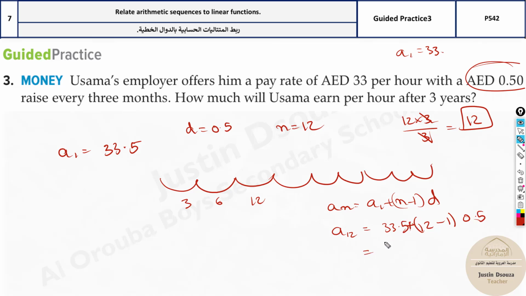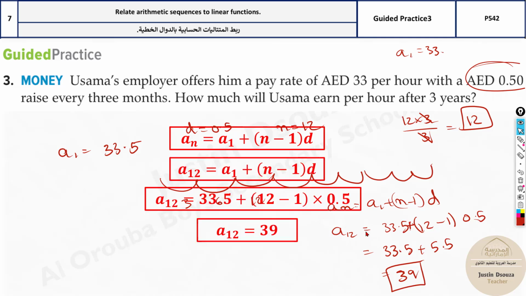Please memorize the formula properly. It'll be 33.5, and over here we have 11, since 12 minus 1 is 11. 11 times 0.5 will be 5.5, and the answer will be 38 plus 1, 39. So after 3 years, the salary per hour will be 39 dirhams. So this is how we solve it. You can see here, that's the answer.